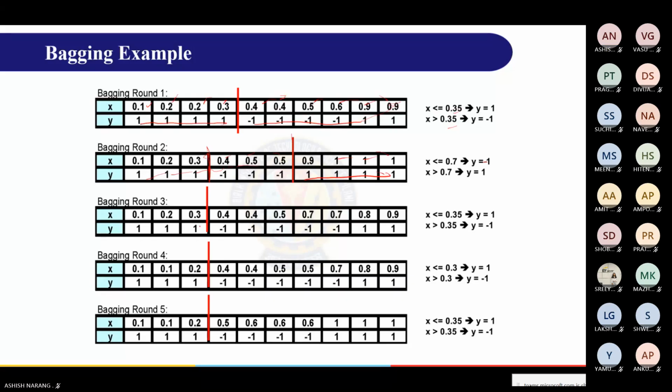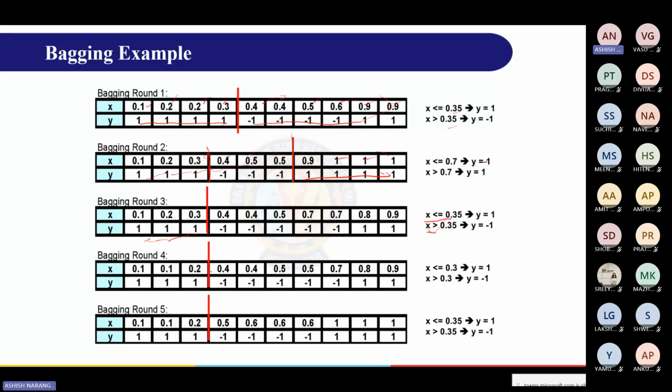Third one, you see here 0.1, 0.2, 0.3, and then a lot of -1s. Of course the boundary is here because there are 3 records. I can put a boundary here, but there are 2 records, and that entropy value will not be good. But if I put it here, this is what the split is.